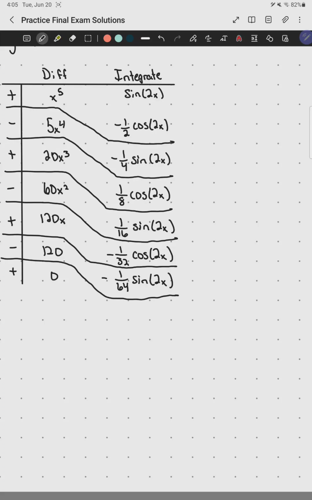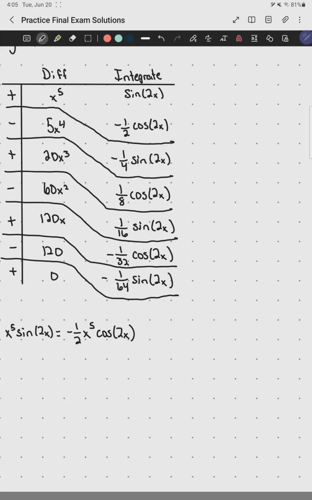So we have the integral of x to the 5th sine 2x equals negative 1/2 x to the 5th cosine 2x.